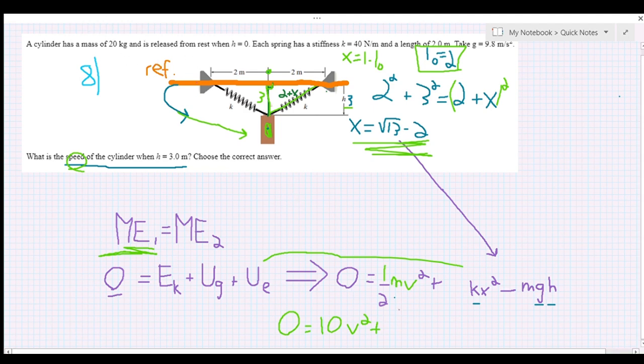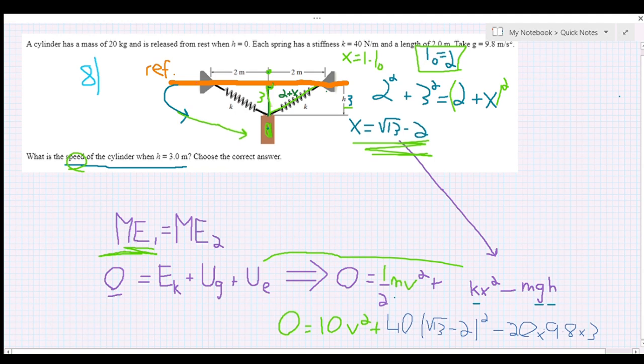So k is equal to 40 times (radical 13 minus 2) squared minus 20 times 9.8 times 3.